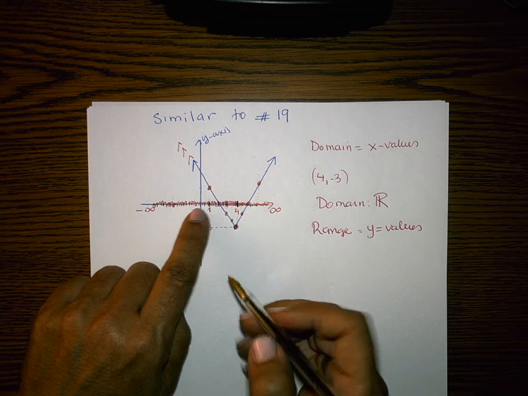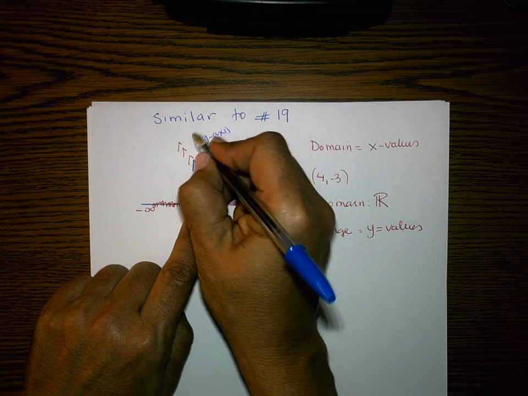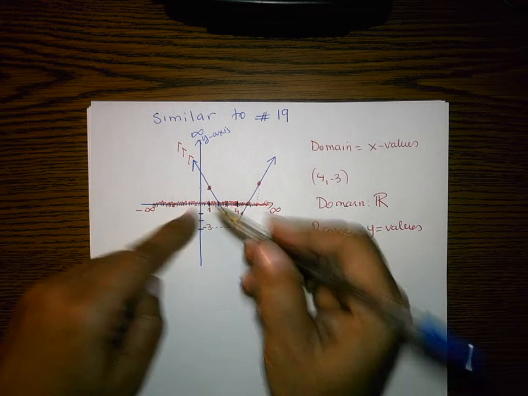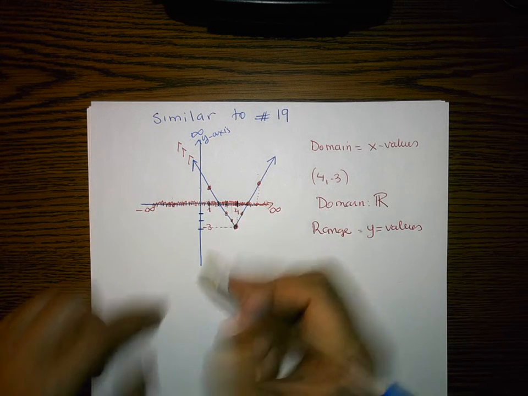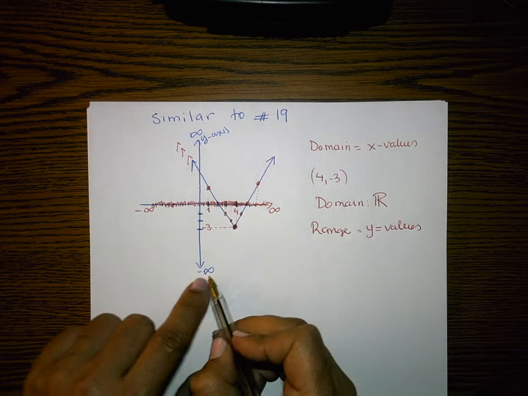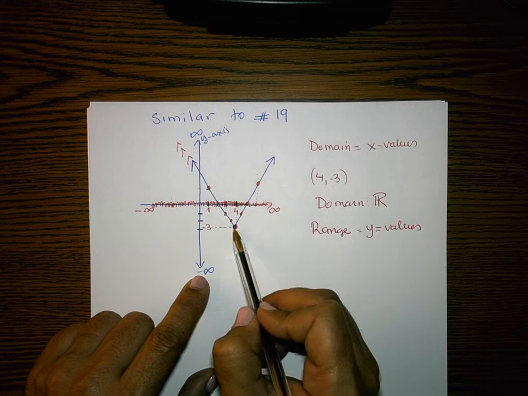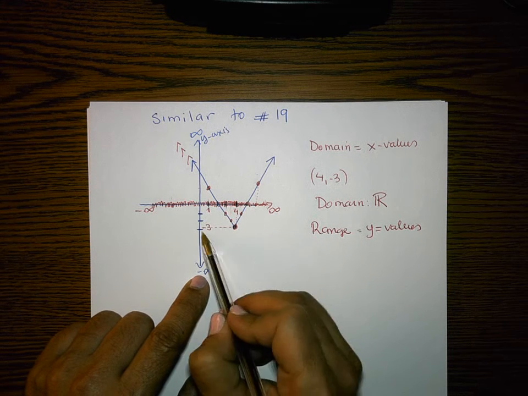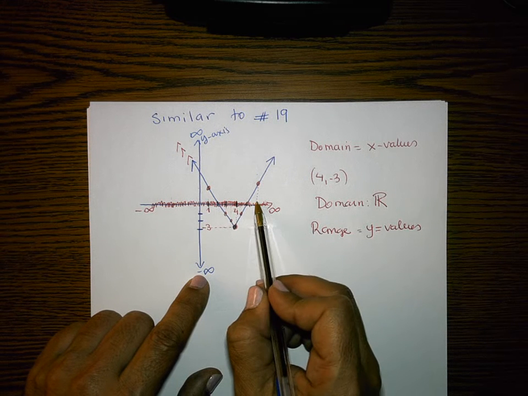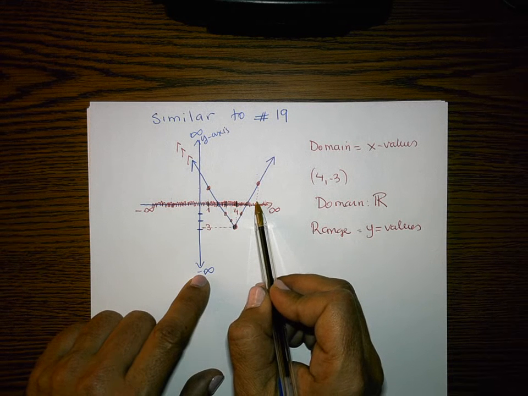On the y-axis, if you keep going from 0 up, you will go to positive infinity. On the y-axis from 0 down, you will go to negative infinity. I want to see if this function has a corresponding y value for every single x value. Well, let's think about it.